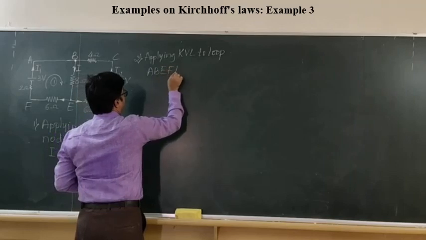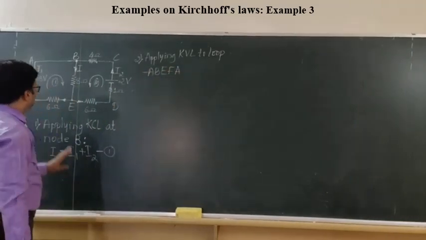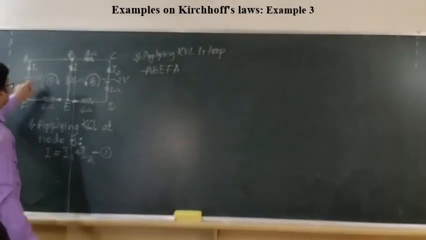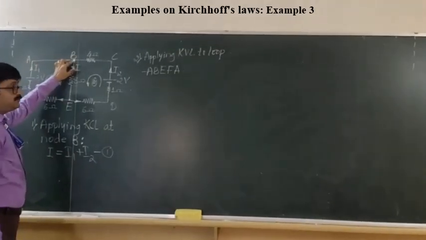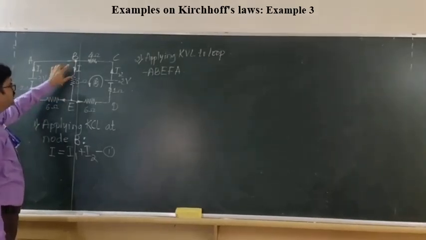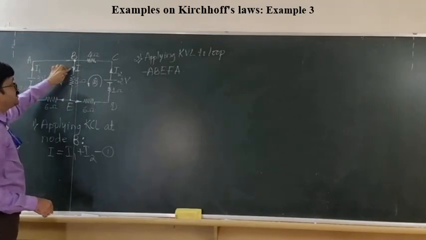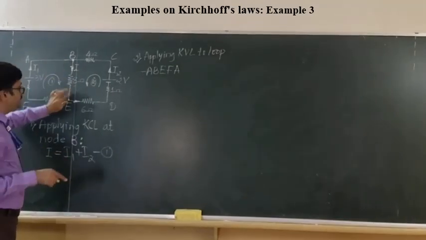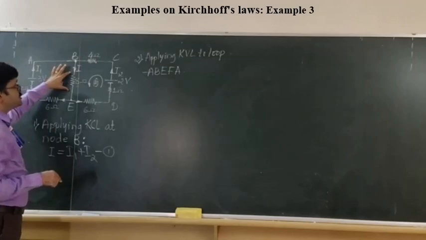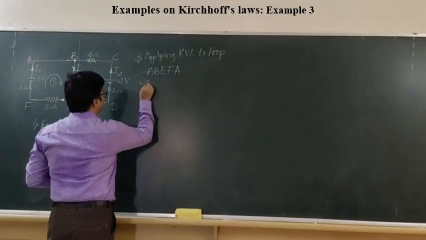This is the loop that we have. In this particular loop, from A to B we don't have any resistance, but from B to E we have the 8 ohm resistance, and the direction of traverse is from B to E, and the direction of current is again from B to E only. That is why the PD across 8 ohm should be taken as positive. So I will take it as plus 8I.